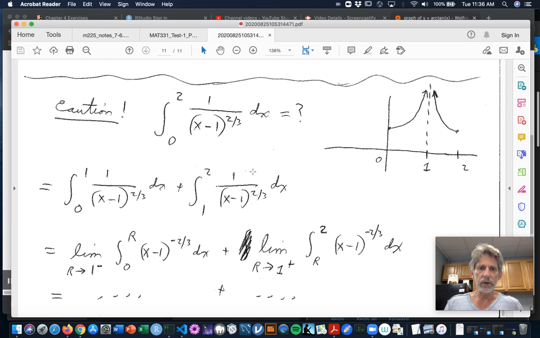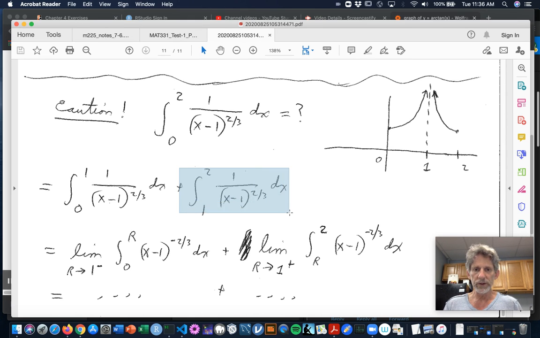If you want to deal with that, you're going to have to break the integral up at the place of discontinuity, at the 1. So do the integral from 0 to 1 and the integral from 1 to 2, okay? The integral from 0 to 1 is an improper integral because the function is unbounded as you get to 1.